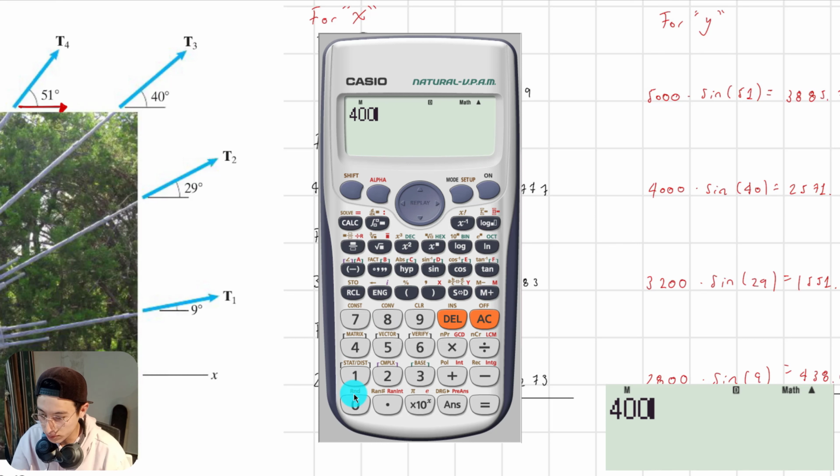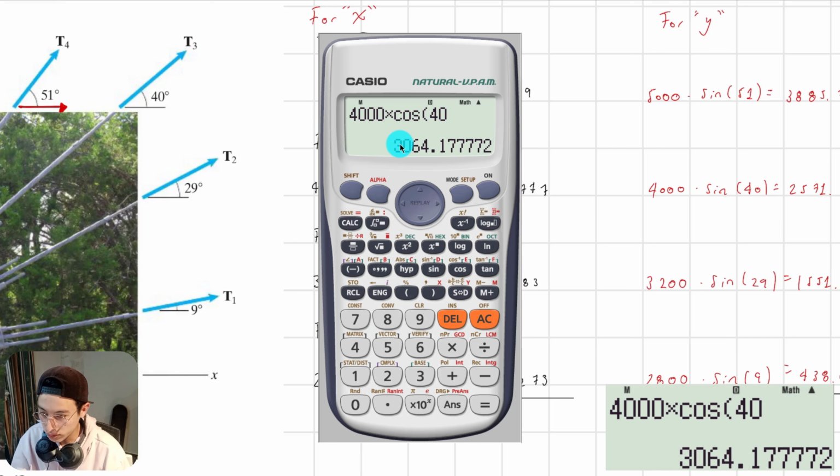Now 4,000 times the cosine of 40 equals this. Okay, it was correct.